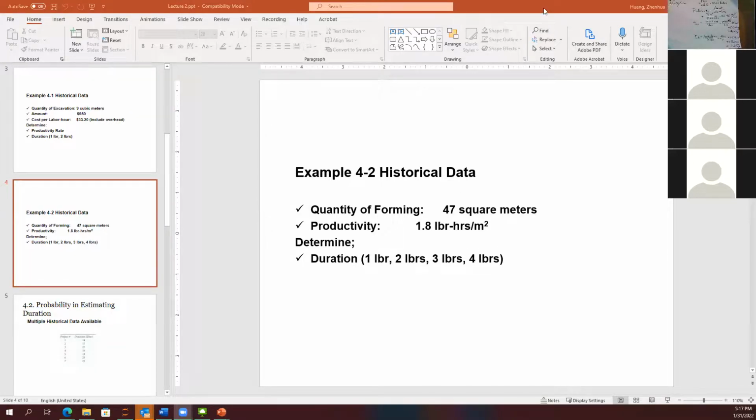So if you have answer, if you finish, you can type in chat. I can check if that's correct or not.